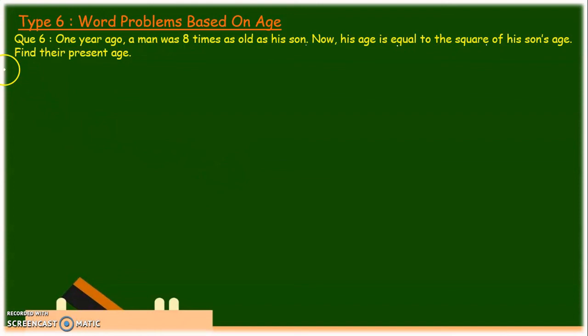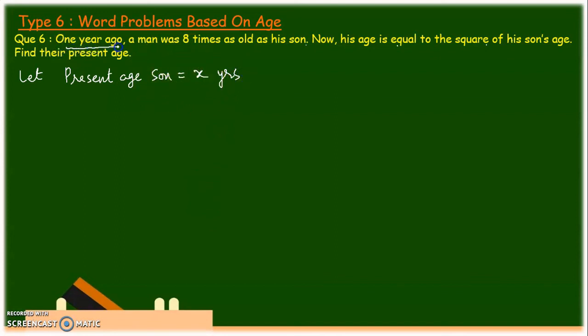So first of all, I assume that the present age of his son is, let's say, x years. This is the present age of the son.